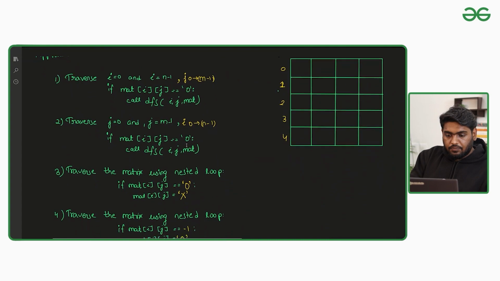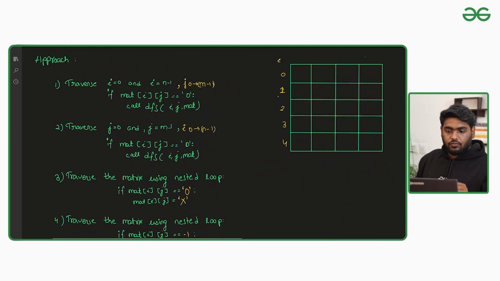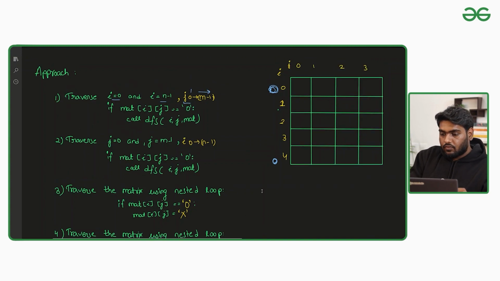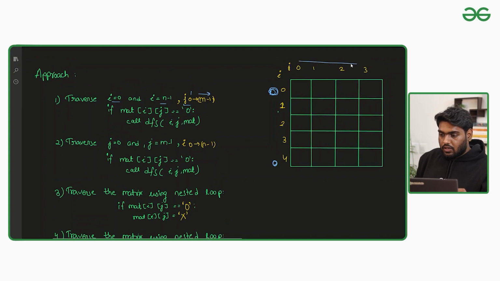Again, let's see the approach. Firstly, I will traverse for i equal to 0 and i equal to n-1, this value and this value. And I'll go for j from 0 till m minus 1. That means, using this traversal, this complete row and this complete row will be traveled.